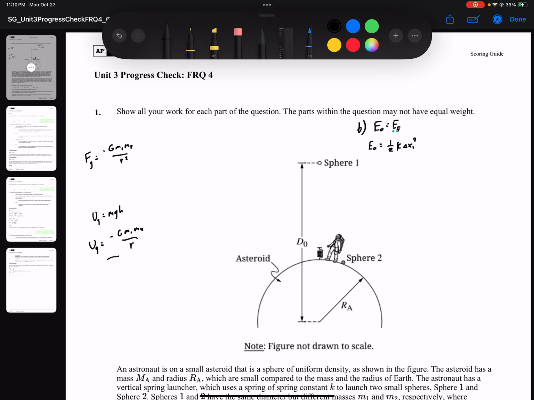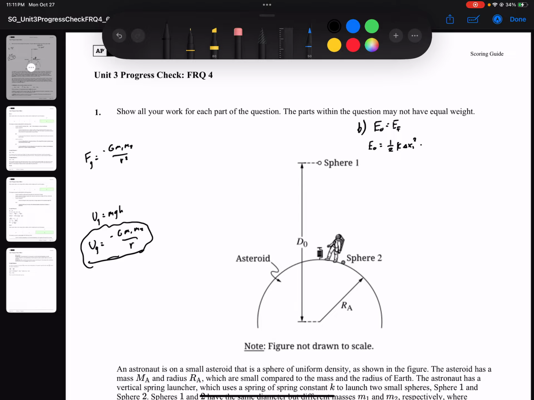So the gravitational potential energy, like the full function, is defined as 0 when objects are infinitely far away, all right? And then as the objects get closer and closer, it's like a gravity well, right? So the potential energy due to gravity, that function is actually negative. So we have to consider that negative when we're doing our conservation of energy.